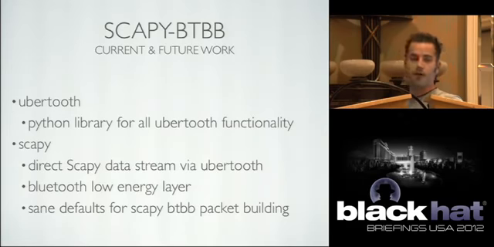The Bluetooth low energy layer, I wasn't jumping on building this layer because I didn't have any Bluetooth low energy devices at home to test with, but it's actually pretty easy for me to build. And same defaults for actually building Bluetooth baseband traffic in Scapy. Even though we have no method of actually sending them out currently, it'd be nice to have once this functionality is built within the hardware that we use, and we'd have a medium to just directly build these packets and send them out ready to go.